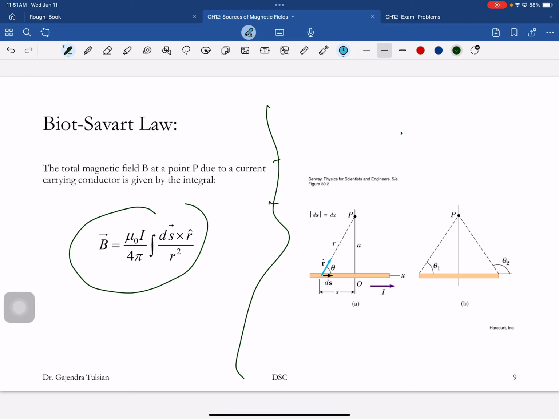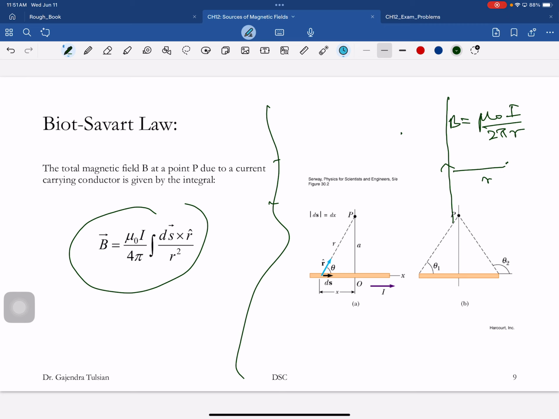For what situation can the integral be done? Symmetric shapes. And we already gave you an answer. For an infinitely long straight wire, we gave you the answer. The field at this distance r is mu naught I divided by 2 pi r. All right, so that's the punchline of the chapter.